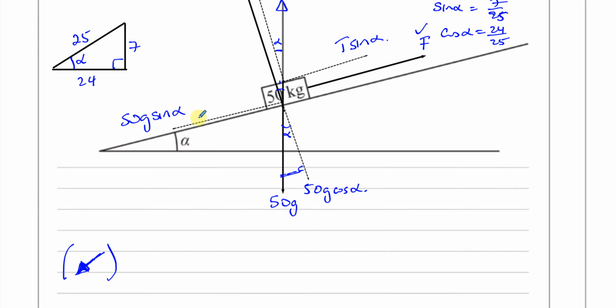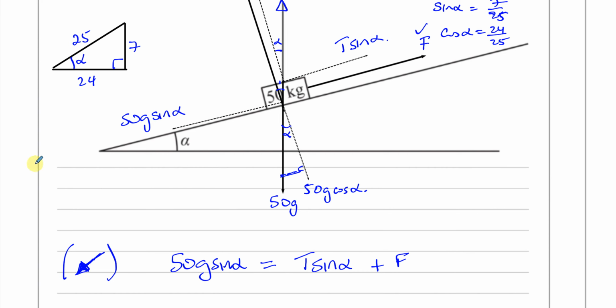So this is about to slip down the plane, so I'm going to take down the plane as positive. In that case, 50g sine alpha is equal to, because it's in equilibrium, t sine alpha plus f.